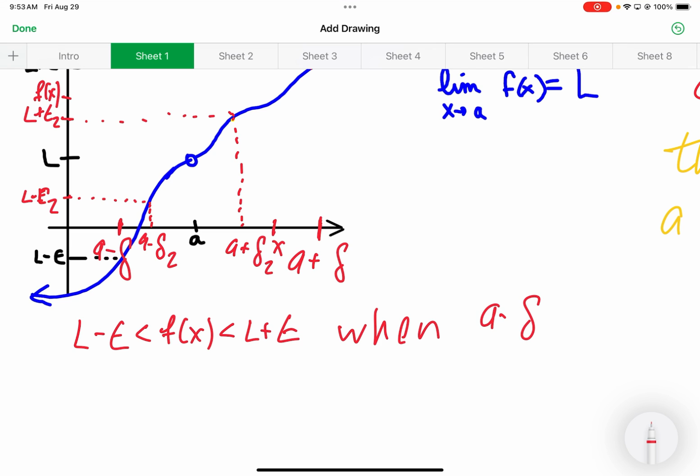A minus delta is less than x, which is less than a plus delta. So my outputs have to live within that range of L and epsilon values, and then my inputs x have to live within the range of a plus delta and a minus delta is basically what that's saying.